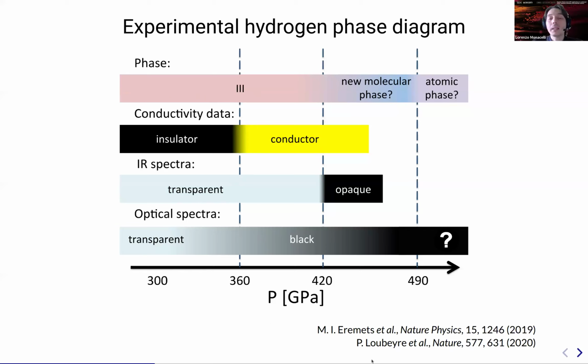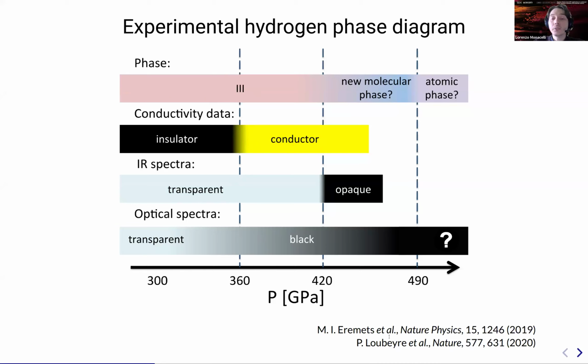One experiment by the group of Mikhail Eremets showed that this system became a conductor at 360 gigapascal with a sudden transition. So they saw an onset of conductivity at 360 gigapascal.